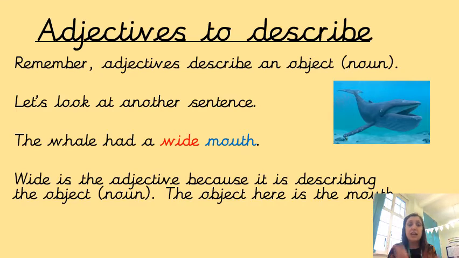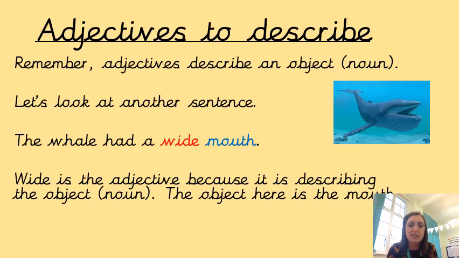Let's look at another sentence. Yesterday you wrote a sentence about the whale and you used some fantastic adjectives. Here in school we said that the whale was adventurous, which was an amazing word to use. We said the whale was blue. I'm looking at the board actually. We said the whale was massive and kind. But this time we're going to talk about the whale's mouth. We're not describing the whole whale this time. We're just looking very carefully at his mouth.